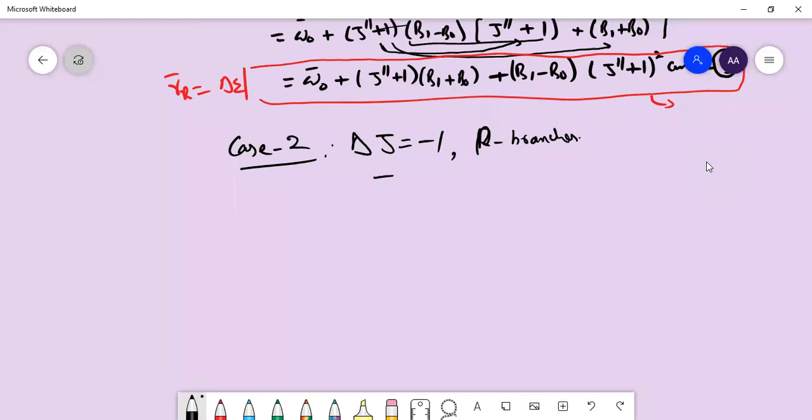And we know this equation that J dash minus J double dash is equal to -1. It means the transition from our upper rotational energy level to the lower rotational energy level is equal to -1.